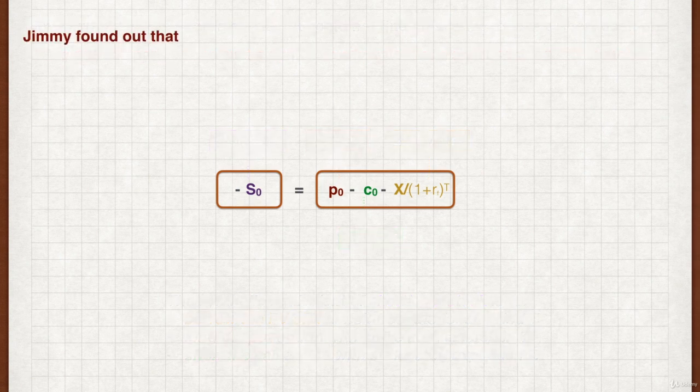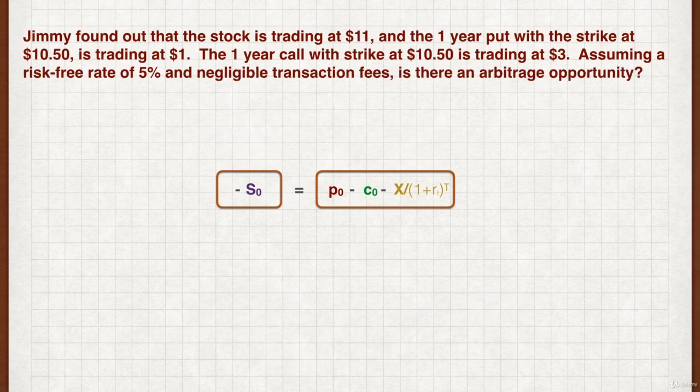Continuing, Jimmy found out that the stock is trading at $11 and the 1-year put with the strike at $10.50 is trading at $1. The 1-year call with strike at $10.50 is trading at $3. Assuming a risk-free rate of 5% and negligible transaction fees, is there an arbitrage opportunity?